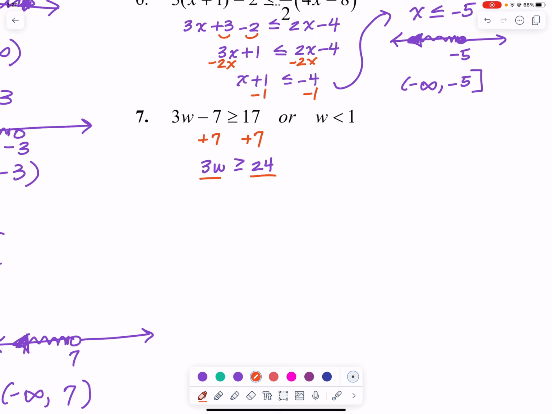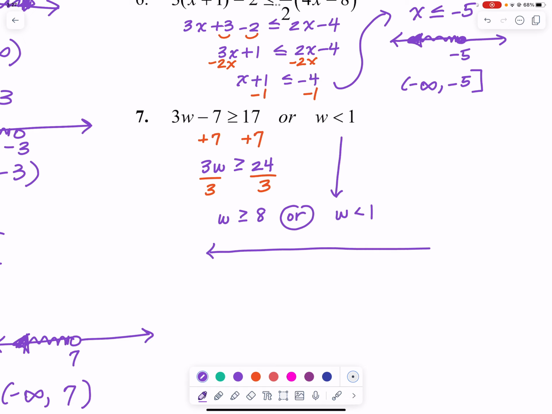And we will have w is greater than or equal to 8. Now, we have w is greater than or equal to 8, or w is less than 1.